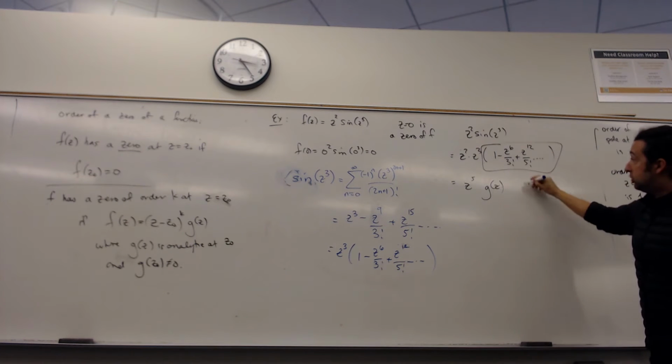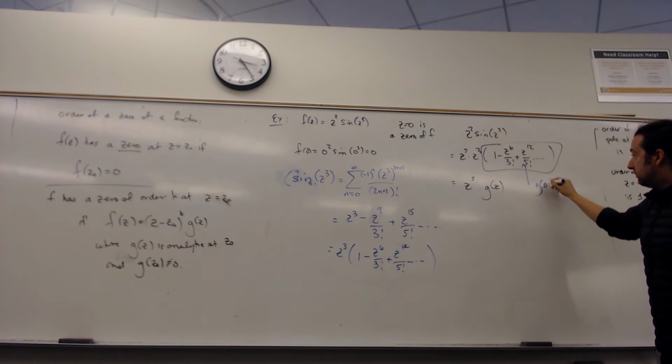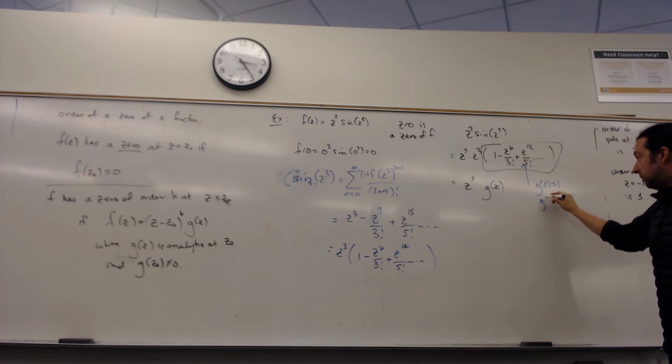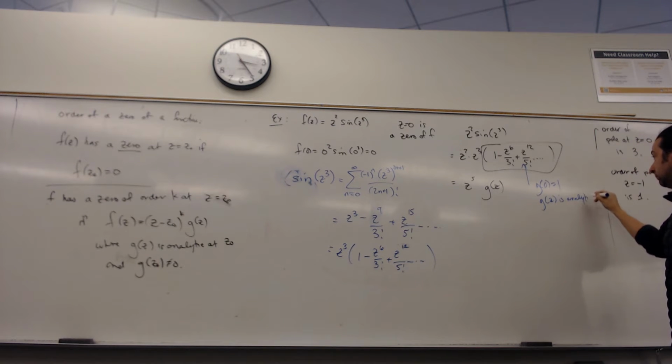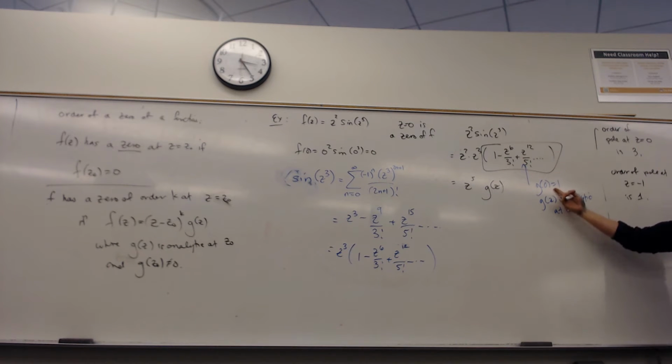This function, g, has the property that g of 0 is equal to 1 and g of z is analytic at 0. I'm allowed to plug 0 into it, and it evaluates to not 0. So I'm finished with my factoring, and so the order of the 0 at 0 here is 5.